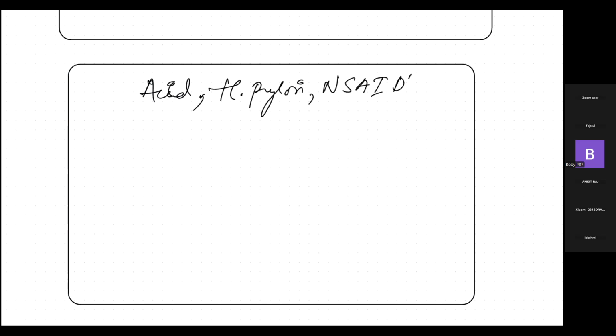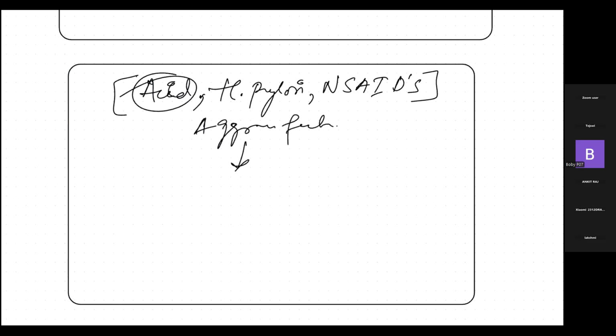When a person is taking all of these, or when these are in excess, these are basically the aggressive factors. What is it going to do? It is going to overpower the mucosal defenses. We know that the mucosal layer is trying to defend, isn't it? It is protecting the other structures beneath it.